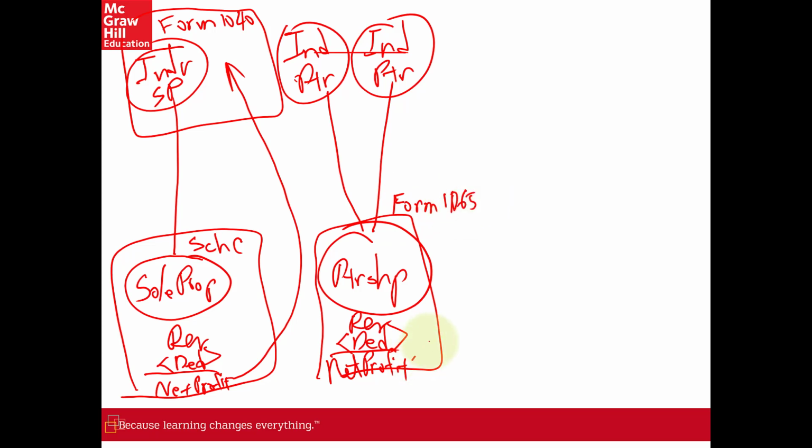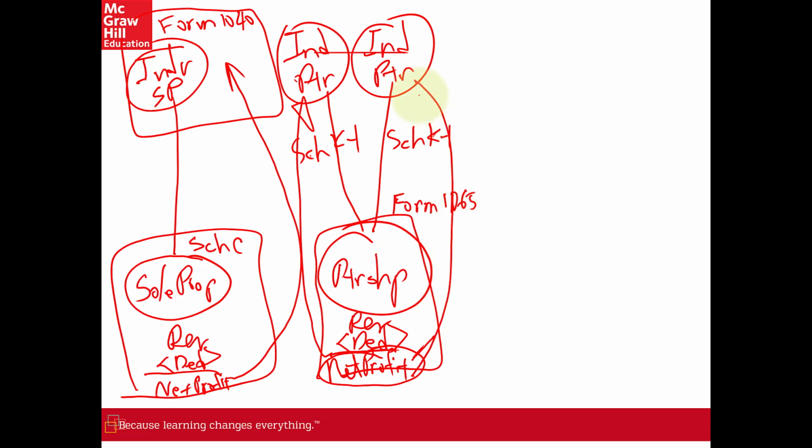And this profit down here has to be reported on the partner's return above. So to communicate that to the partners, we prepare a Schedule K1 for each partner in the partnership. They get a K1 showing how much of this profit has to be included on the partner's probably 1040 form.